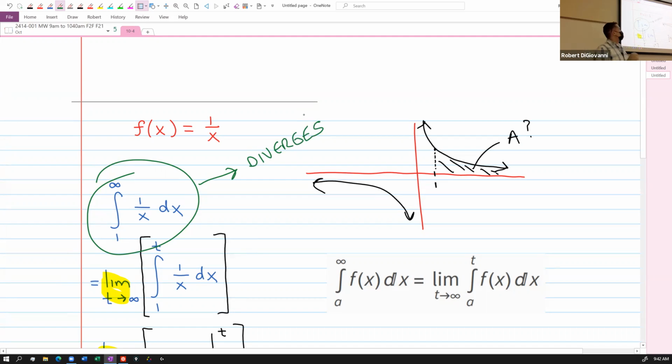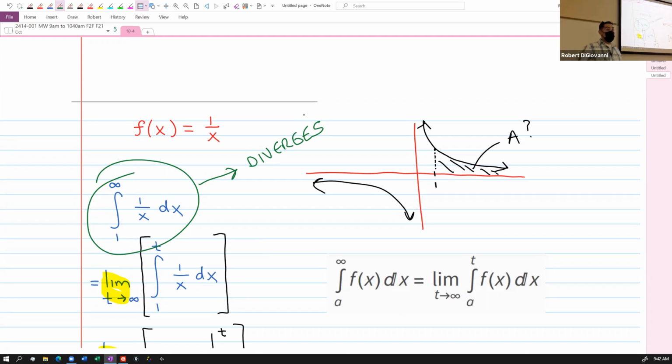The way that I want you to think about diverges is not that we're saying that this area becomes infinite, which it is. It is becoming infinite. But diverges means just that it does not converge to something. So divergence is basically not convergence. In this case, yes, the area becomes infinite.